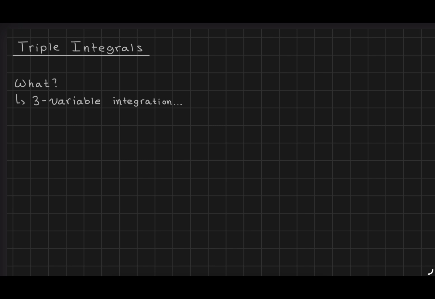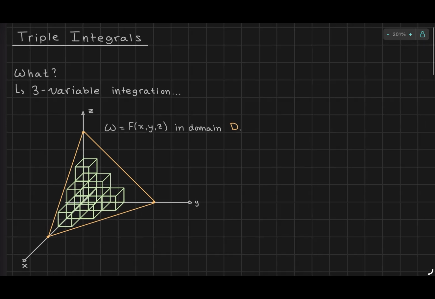So the best way to model this is through my beautiful picture here. Say we have some function w equals f of x, y, z in a domain D. Basically, this domain D is going to be three-dimensional. This function, well, that's going to be four-dimensional if we really try to graph that.